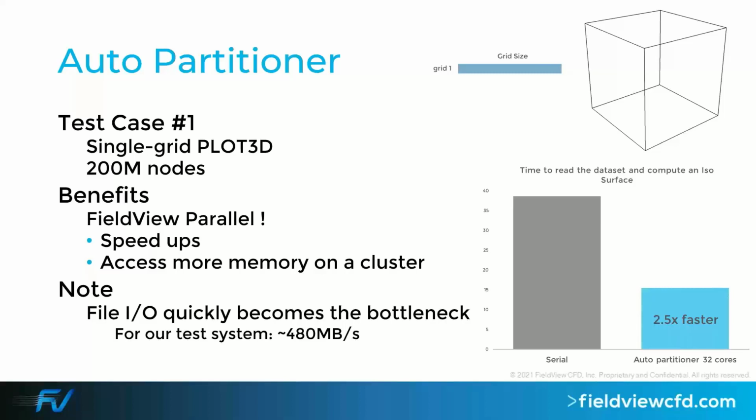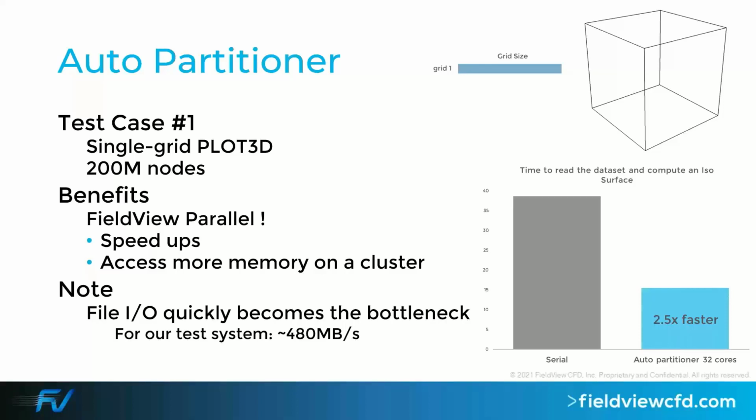So there's going to be a point where your hardware, your parallel file system, your network are going to reach their limit in how quickly they can read that file. And so you cannot expect to get speedups on hundreds or thousands of processes, but you still do get a nice speedup on 32 or 64 cores, and that's what the Auto Partitioner gives you.